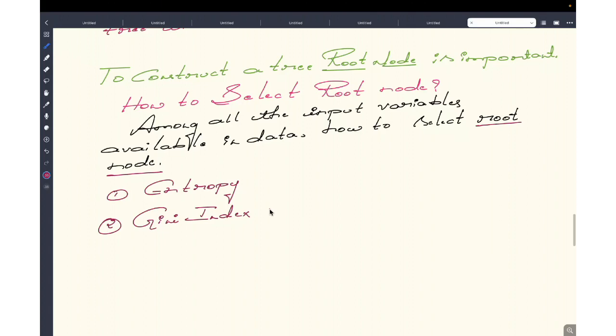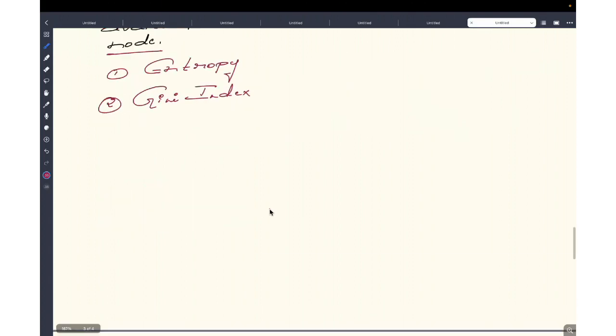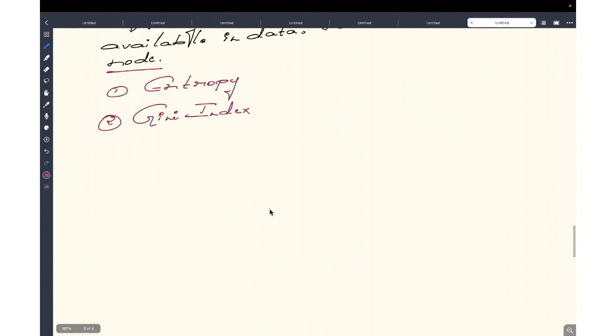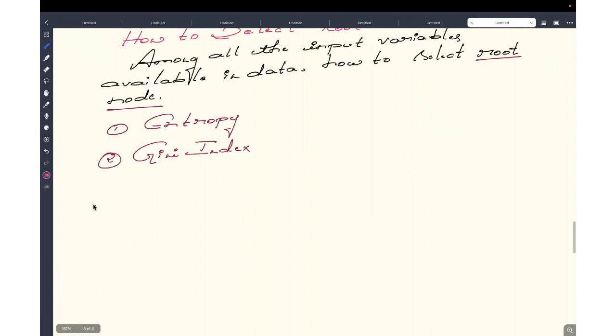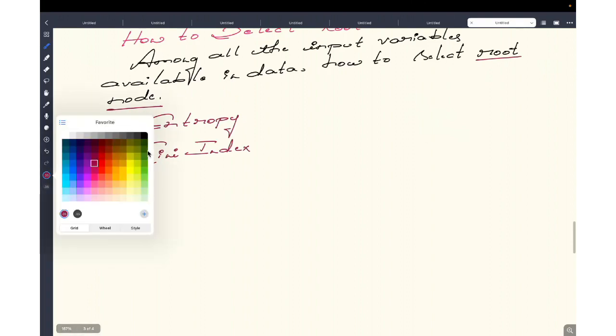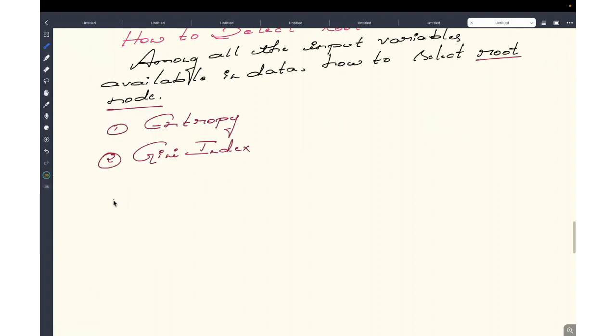So what is entropy? First, let's discuss entropy. If there is time, we'll go for the Gini index. Any idea what entropy is?